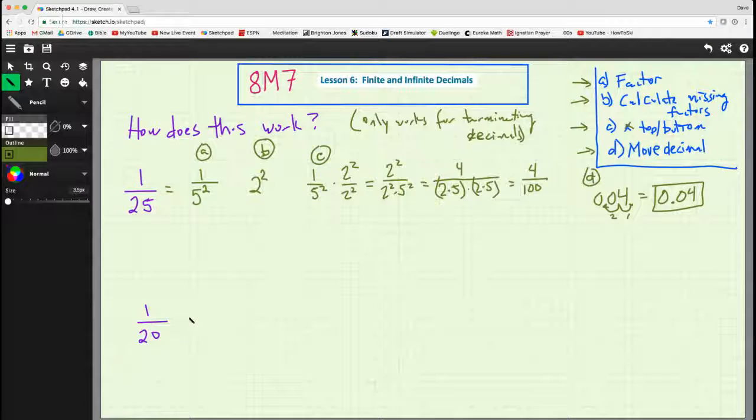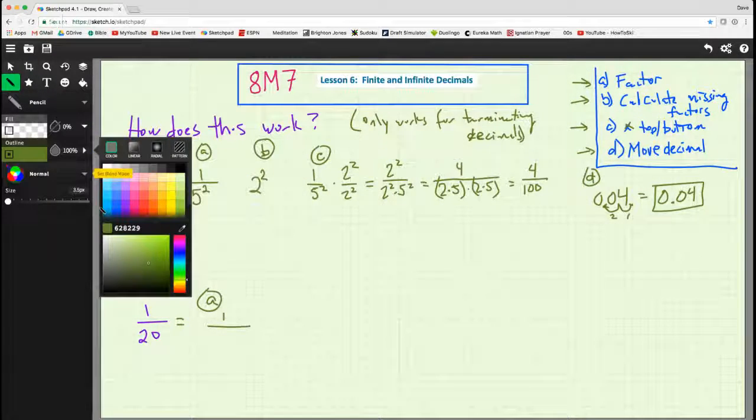All right, let's do it for 1 over 20. This is going to be a little bit different because when we do a prime factorization on 1 over 20... let's do this as 11 over 20, just to change it up a bit and put another number on top.